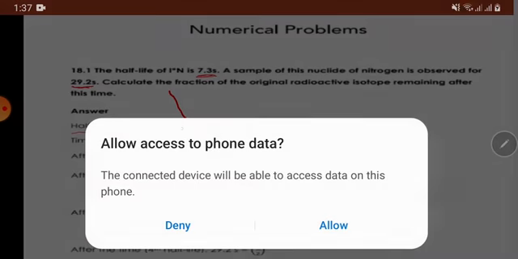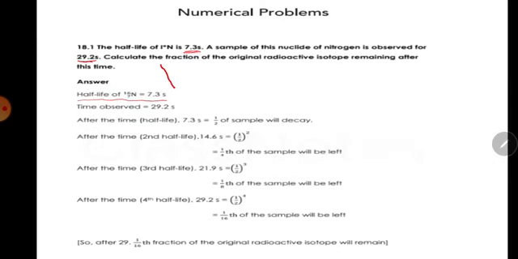So half-life is 7.3 seconds. This is the time for which we take observation. After a time of one half-life, 7.3 seconds, you will write 1 by 2 amount of sample in the original.